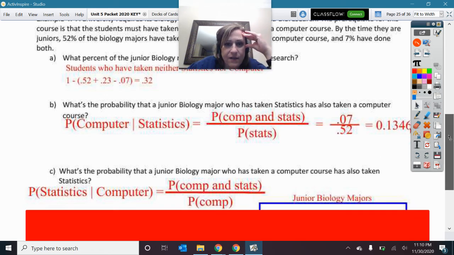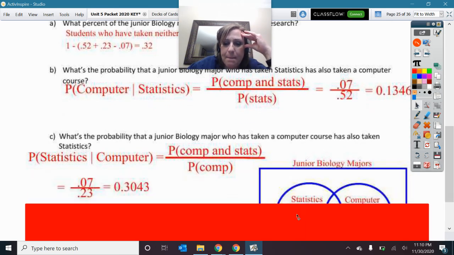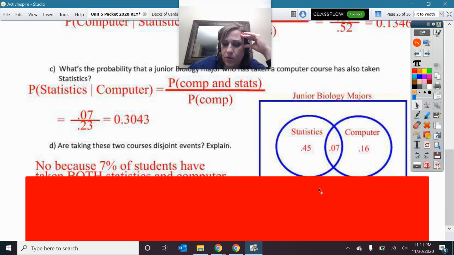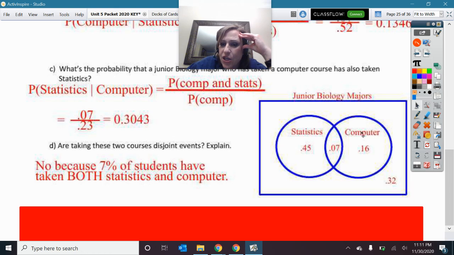I made a Venn diagram of it to talk through it. 52% had taken statistics, 23% had taken computer, and 7% had taken both. So I made a Venn diagram.